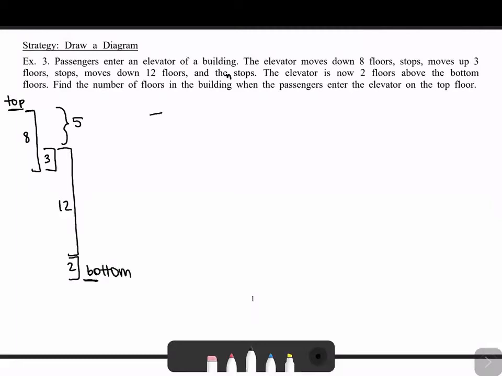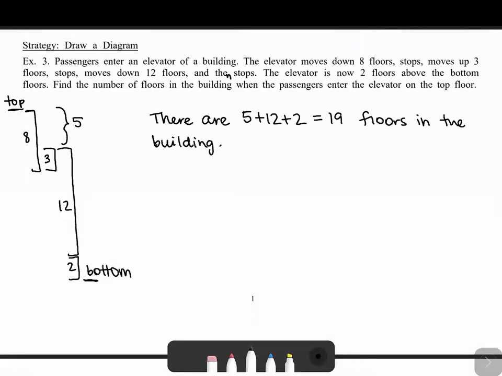So there are 5 plus 12 plus 2, which is 19 floors in the building. So if there are 19 floors, let's explain our reasoning. We drew this diagram, but it's always a good idea to add a little bit more words to explain why. So let's explain why.